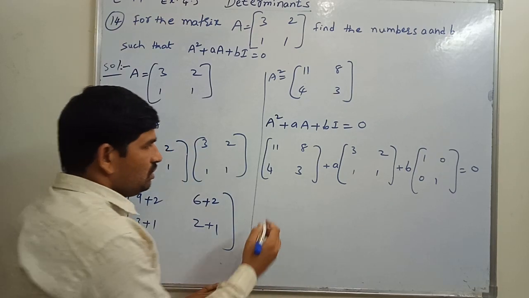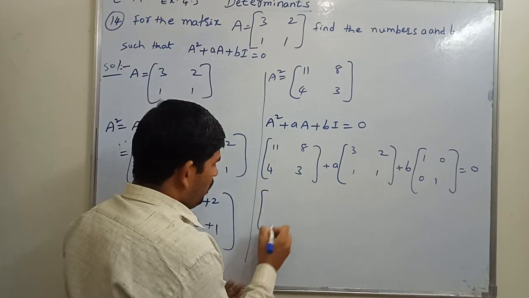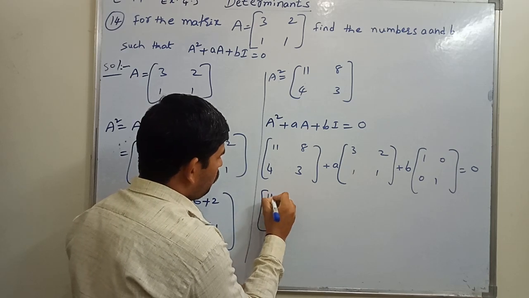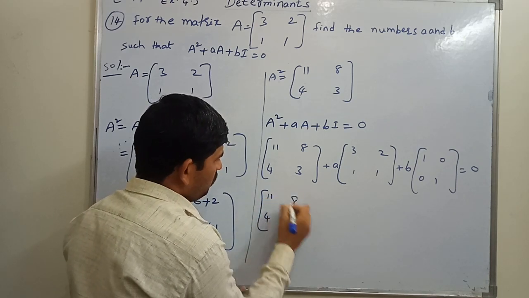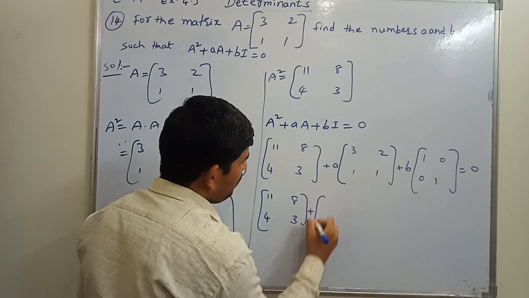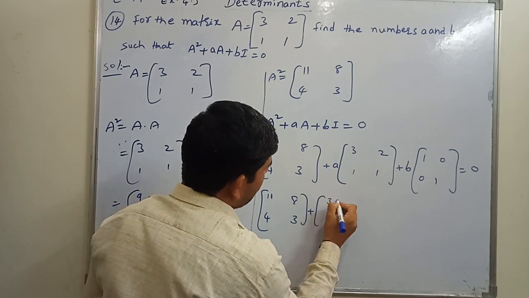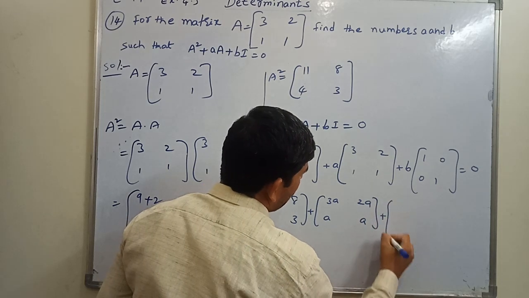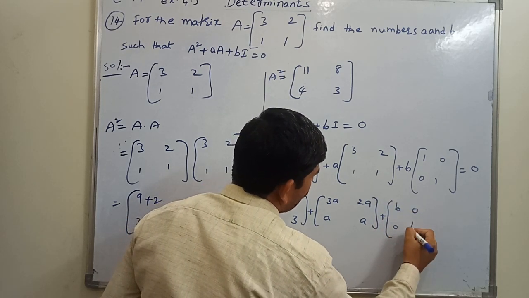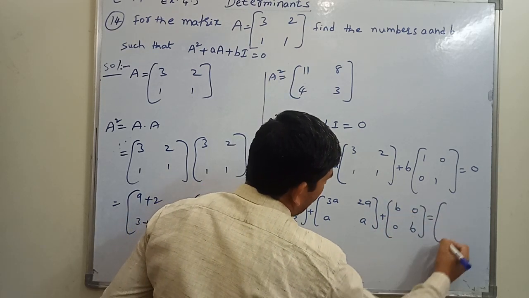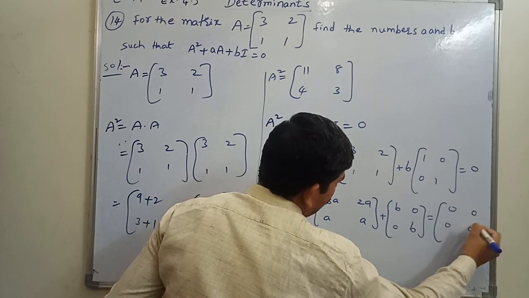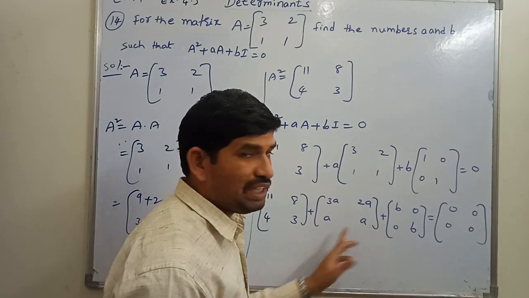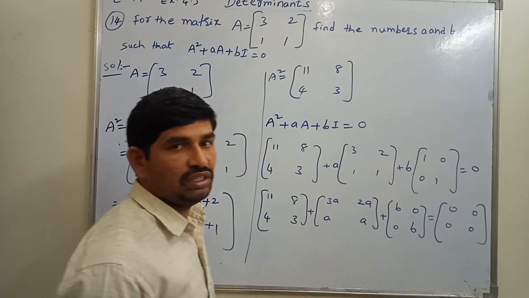Continuing, we write 11 8 4 3, then multiply a inside the bracket: 3a 2a a a. Again multiply b inside the matrix: b 0 0 b, equal to the 0 matrix, which we can also write as 0 0 0 0. Between them the plus means we are adding these three matrices on the left hand side.